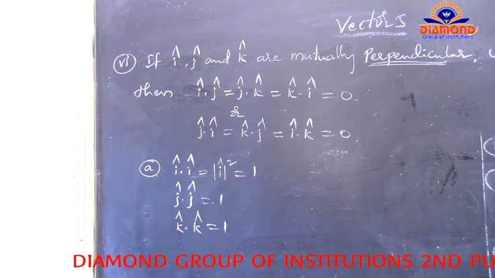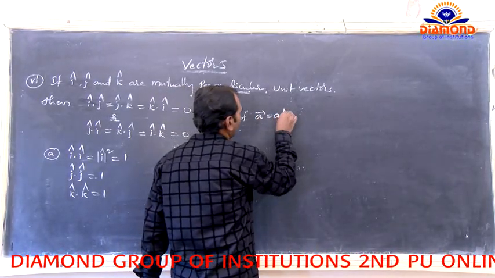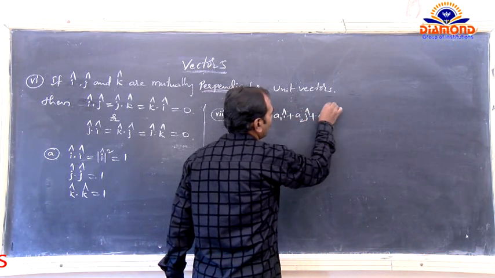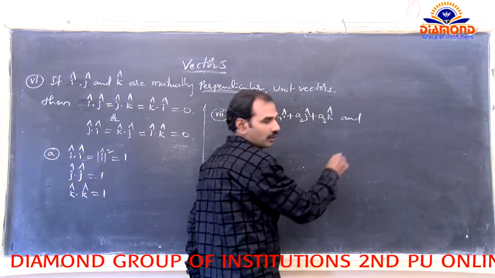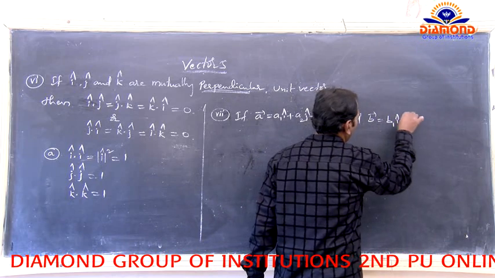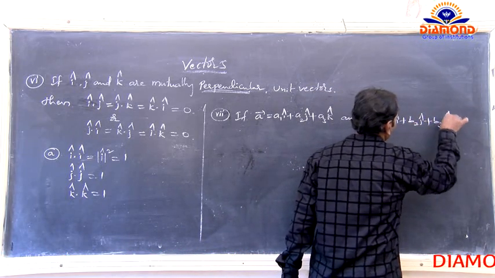In the same way, A bar equals A1 i cap plus A2 j cap plus A3 k cap, and B bar equals B1 i cap plus B2 j cap plus B3 k cap.